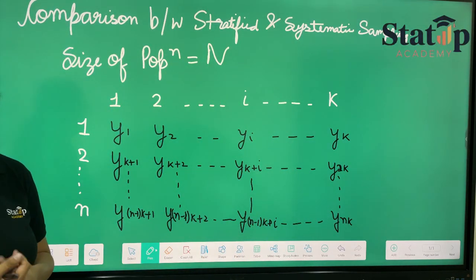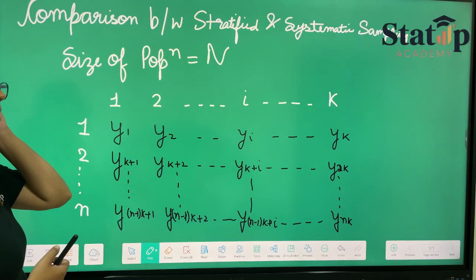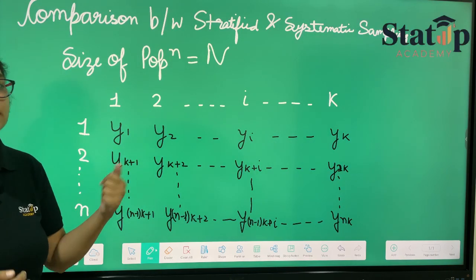This was our layout of systematic random sampling. So these are the samples.